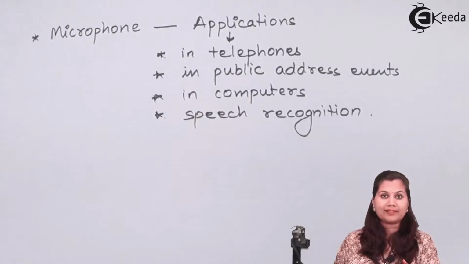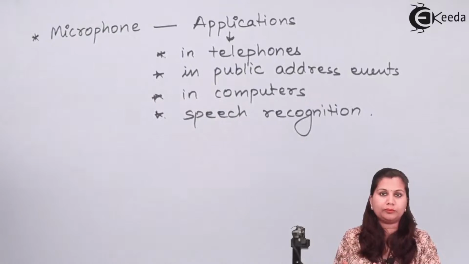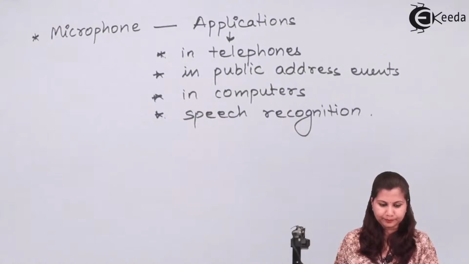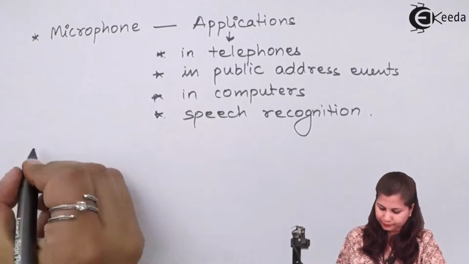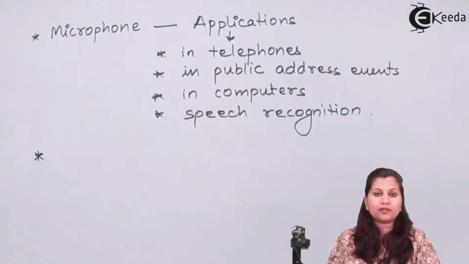Now let us see how this microphone measures the sound by converting it into an electrical signal. All the microphones consist of two basic elements. One is the sensing element and the other is the generating element.